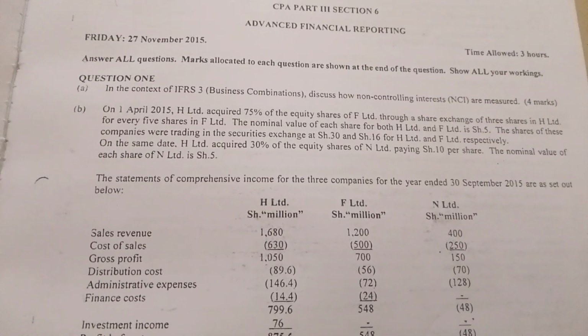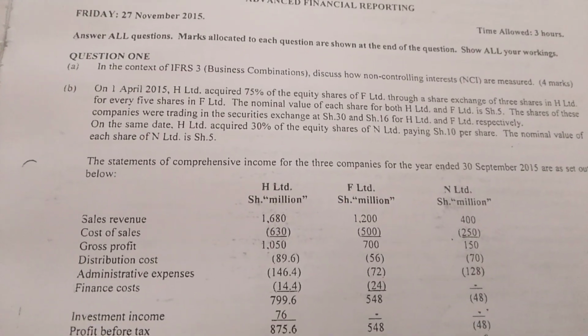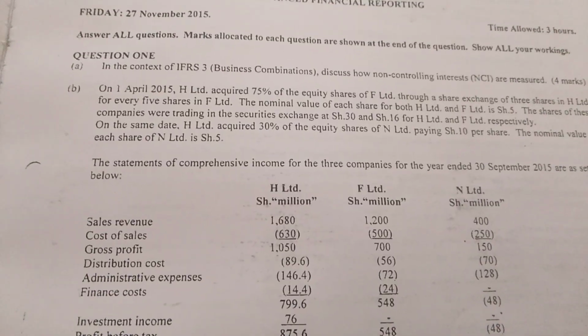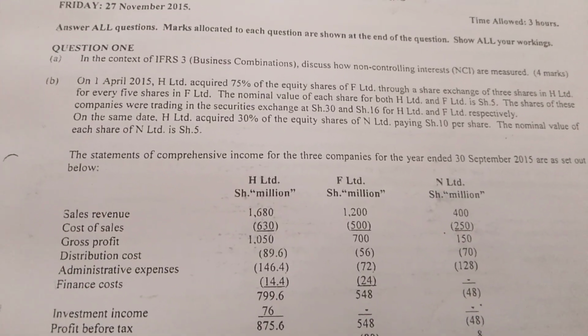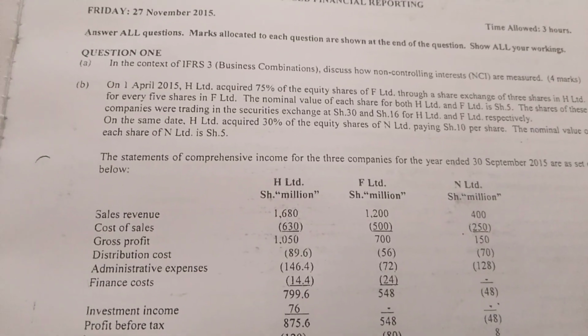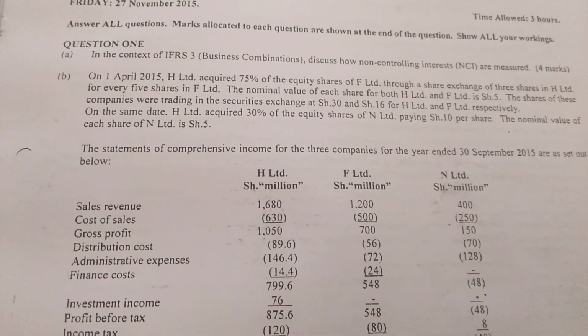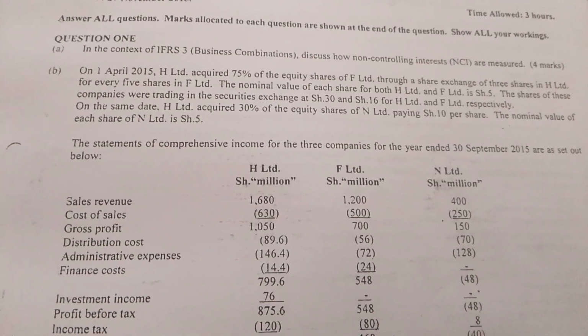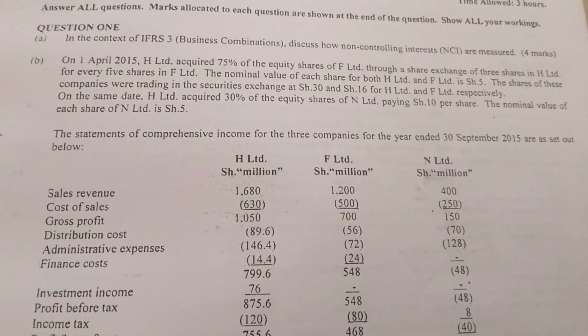The nominal value of each share for both H Limited and F Limited is shillings 5. The shares of these companies were trading in the securities exchange at shillings 13 and shillings 16 for H Limited and F Limited respectively.